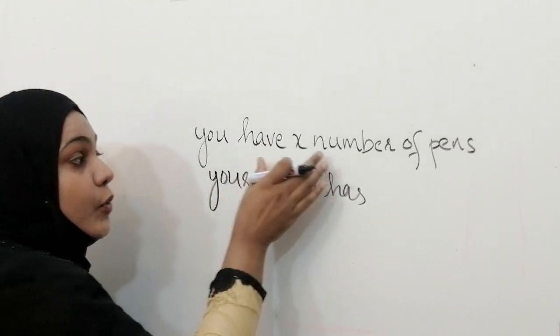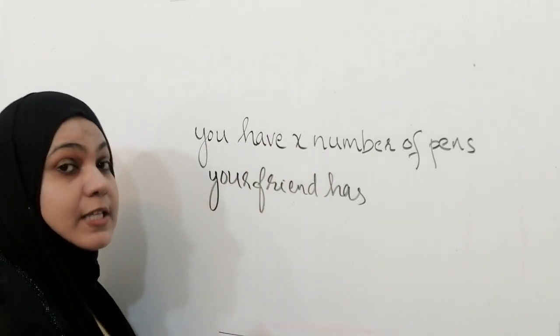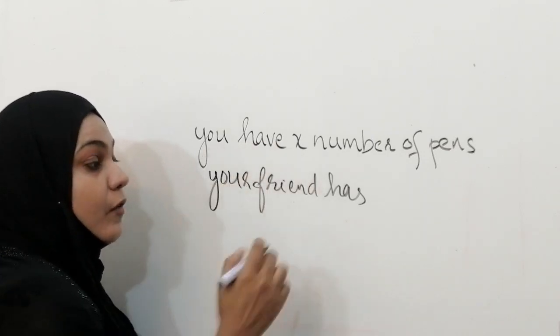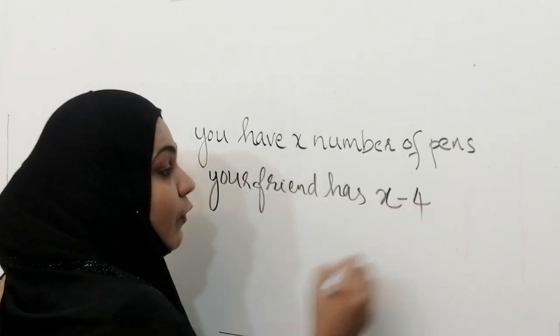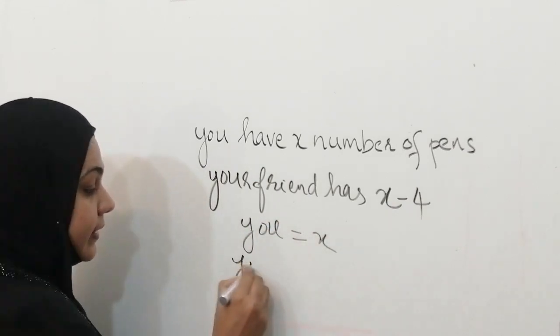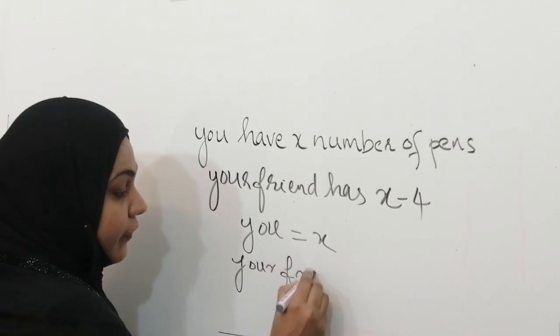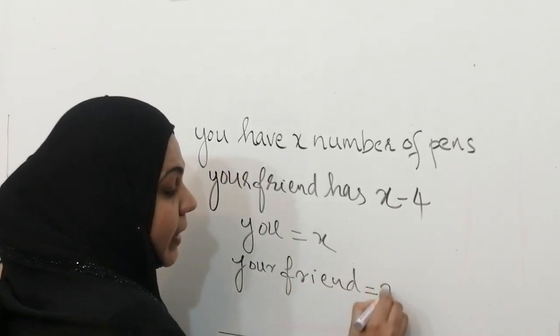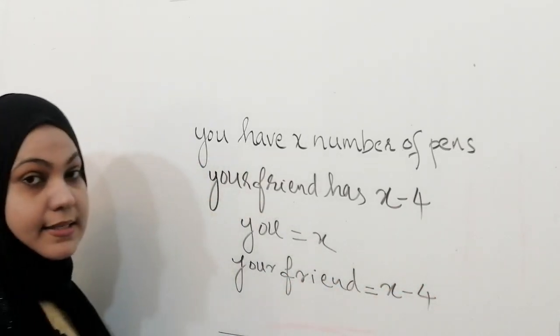That means you have X pens. So 4 less than X pens means X minus 4. So you have X and your friend has X minus 4 pens.